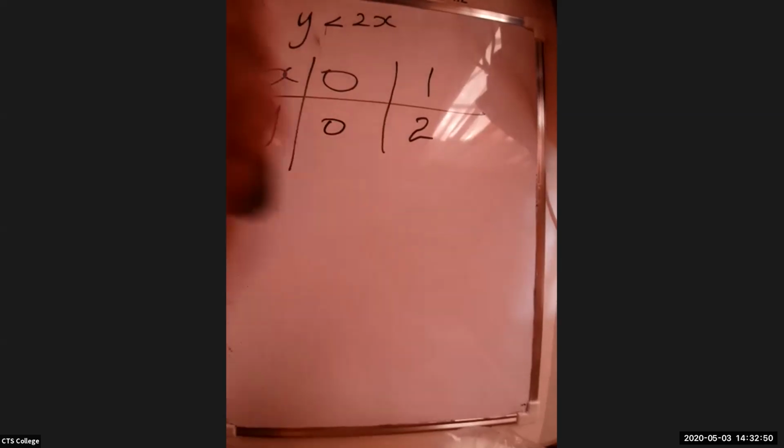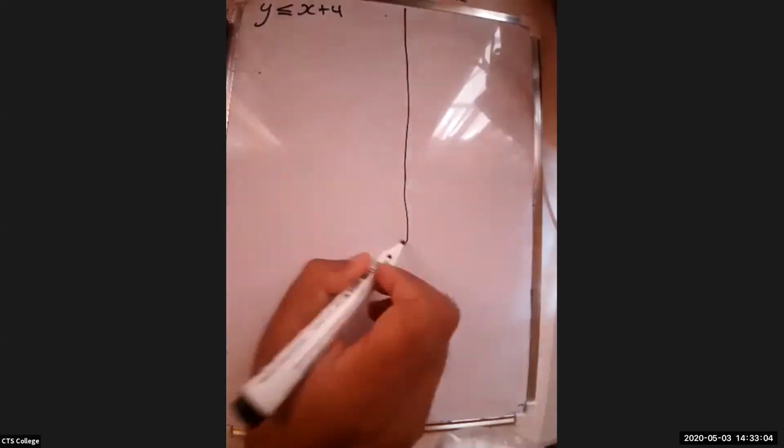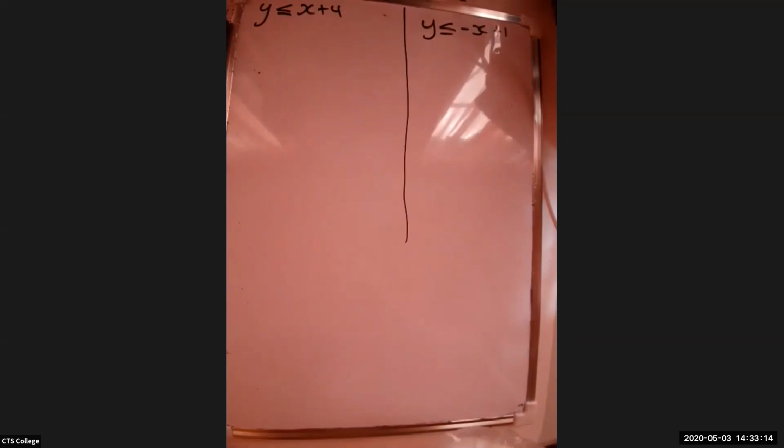Okay, so the first thing we have to do is construct our table of values, right? So let's first identify the inequalities. y is less than or equal to x plus 4, and then y is less than or equal to negative x plus 1.